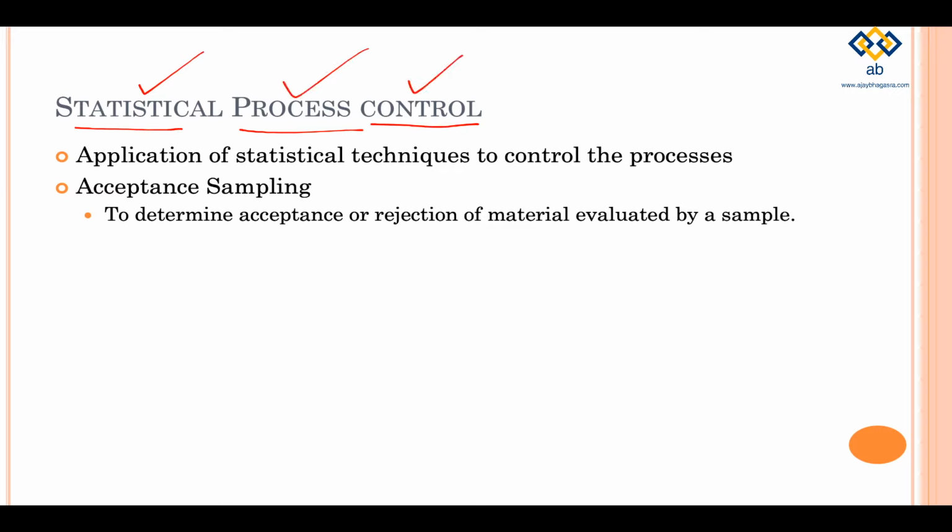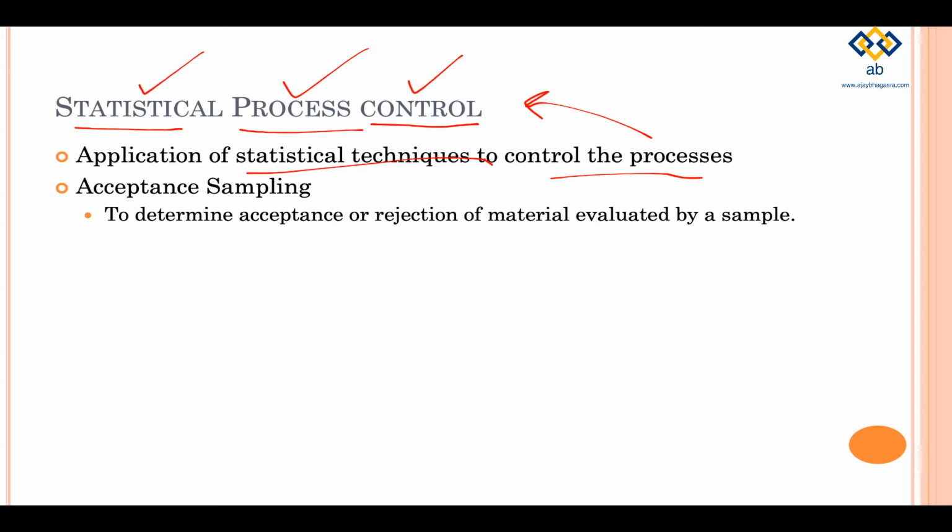Here, with the weight example we were talking about, we are trying to control the process through which we are generating the packets of certain weight, of certain volume. That is why it is defined that statistical process control is the application of statistical techniques to control the processes, and that is what I have explained here using the title of the slide also.